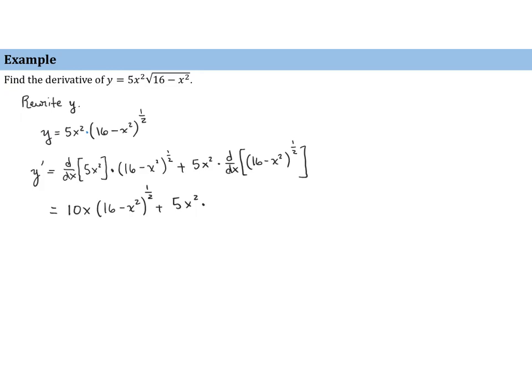times. Now to apply the generalized power rule, I ignore the inside function of 16 minus x squared, and I just bring that exponent of half down, lower that exponent, and then take the derivative of the inside. So we have 1/2 gets brought out front, (16 minus x squared), lower the exponent of 1/2 by 1, which yields negative 1/2, times the derivative of the inside.